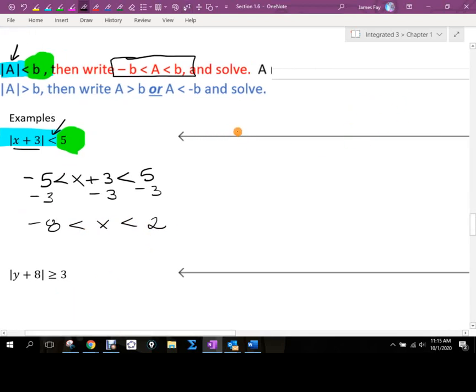On my graph of negative 8 and 2, what kind of dots should I use if we're using these less than symbols? Are they open dots or closed dots? Open dots. So open dot at negative 8, open dot at 2.